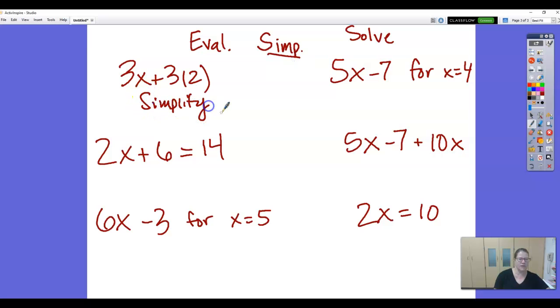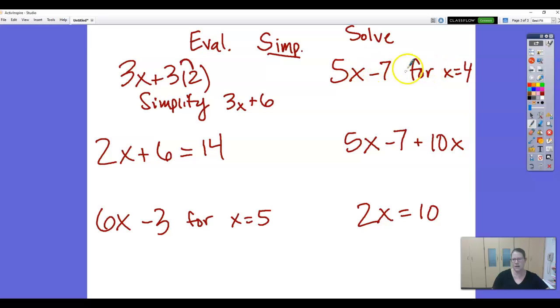Okay, remember, simplify just means I want to take any numbers that I can, multiply, divide, add, subtract together, and go ahead and do it so that it's in the most condensed form possible. So if I actually were to simplify this, the only thing I can really do here is multiply 3 and 2 together. So I would get 3x plus 6, and that would be the simplified version of that expression. But again, I can't evaluate it because I don't know what x is, and I can't solve it because there's no equal sign here.